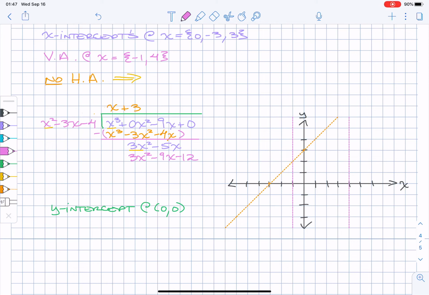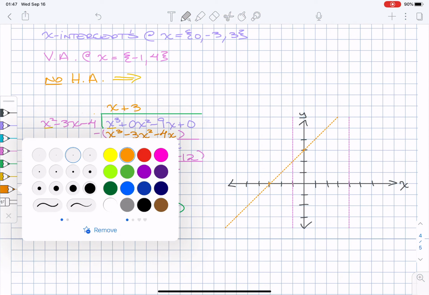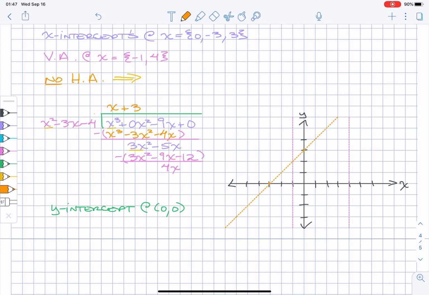And at this point it doesn't matter because we'll be left with 4x. And there's nothing I can multiply x squared by and have the quotient be a polynomial. So we're done. We know that the slant asymptote is at y equals x plus 3, which we already knew, just was showing that.